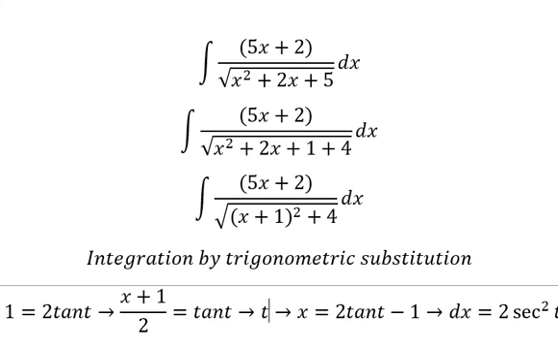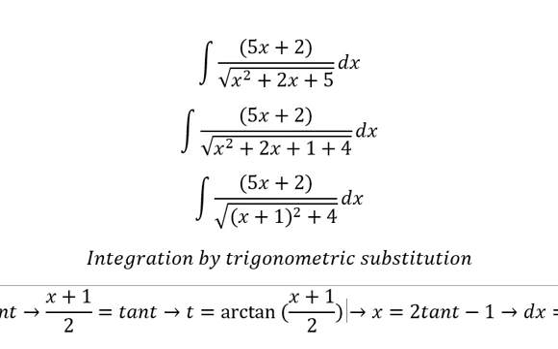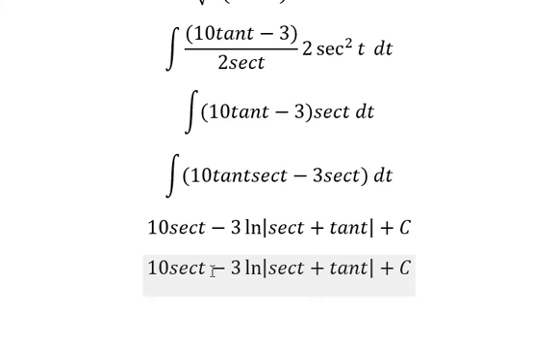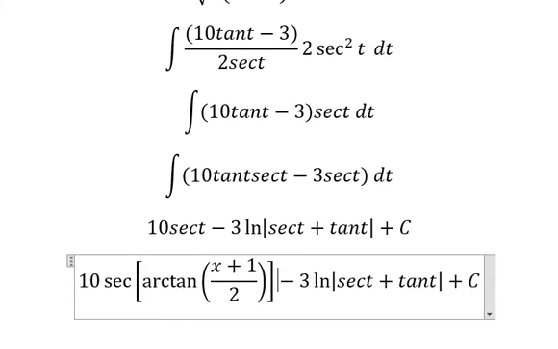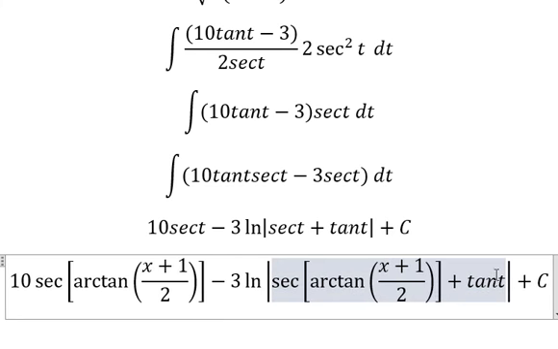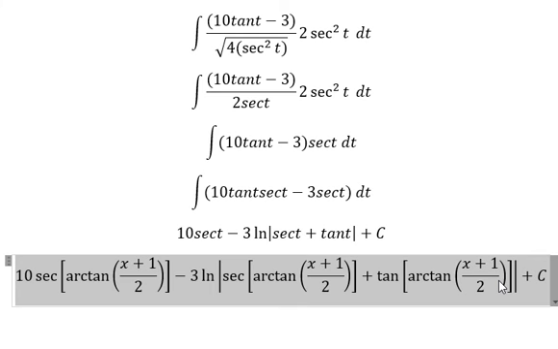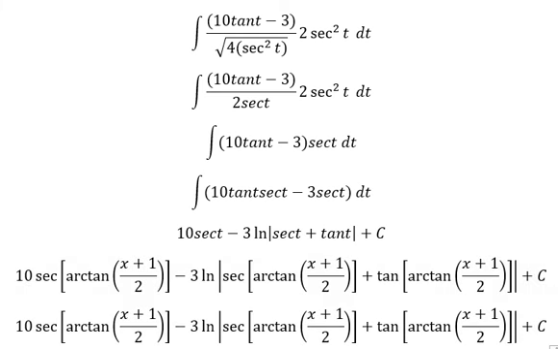And we get t equals arctan of s plus 1 over 2. And we put this one to replace t. So we know that tan of arctan, you will get s plus 1 over 2.